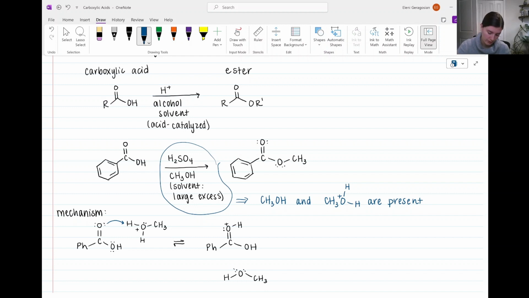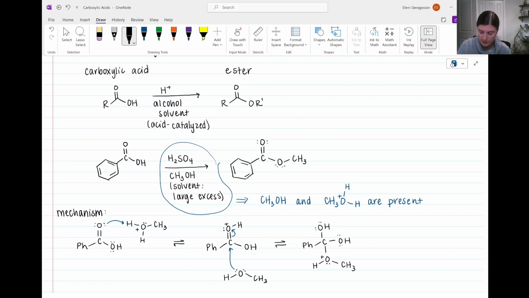So we show our nucleophilic addition step. I break the pi bond. So this new bond to the positively charged oxygen is what is changing in this step.